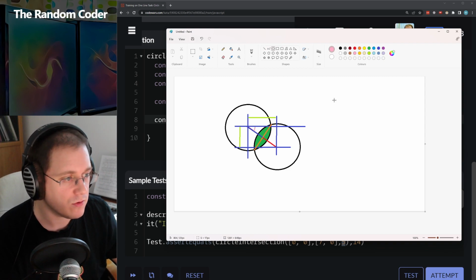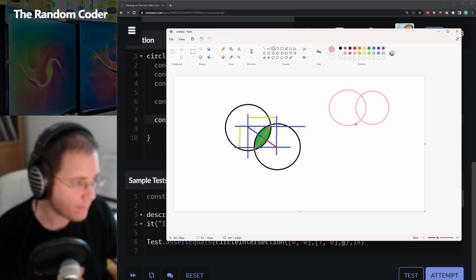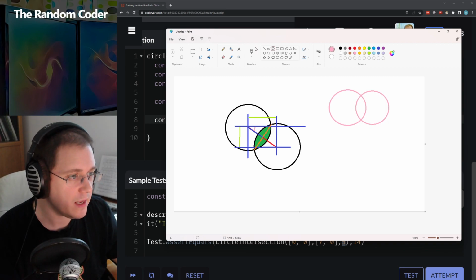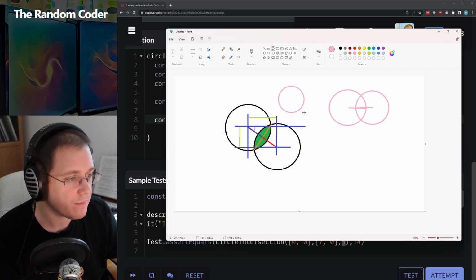Well, I suppose we can just draw it quickly. Radius between here and here is 5. This is not to scale, and there is 5. So you can see if they were touching like that, let's say, God, that's a terrible drawing. The distance between their centers would be 10.